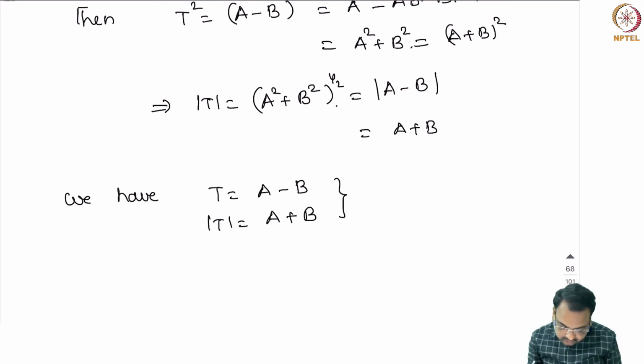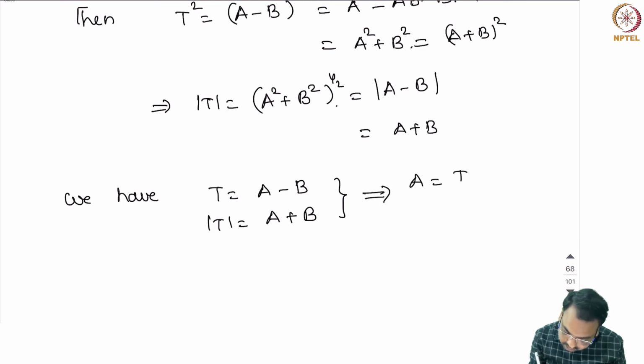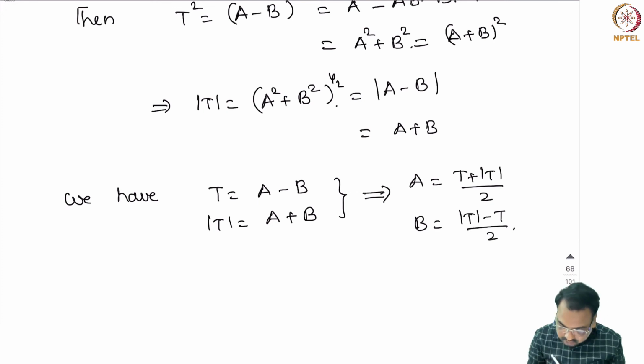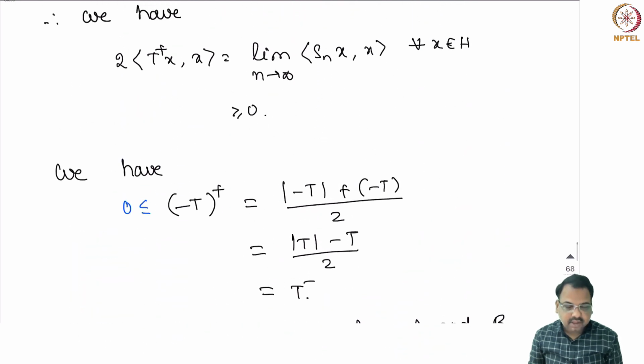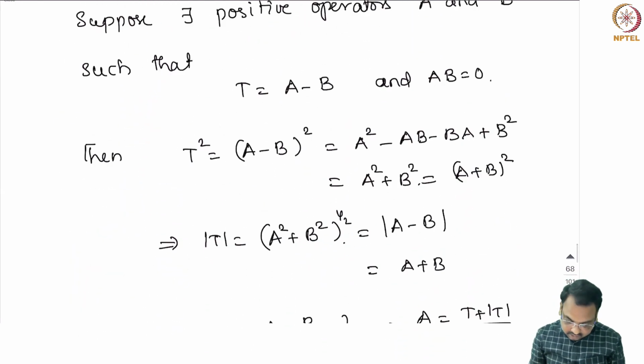Now from these two equations we can get A as (t+|t|)/2 and B as (|t|−t)/2. That means whatever decomposition we obtained is unique. So t can be written as t⁺ − t⁻.